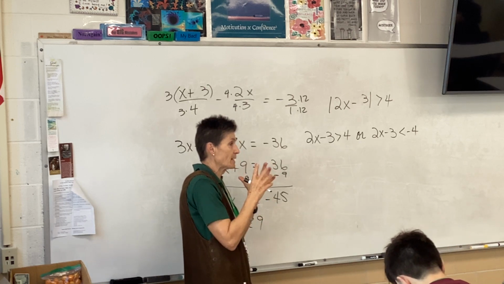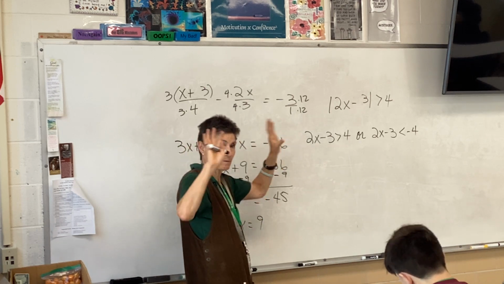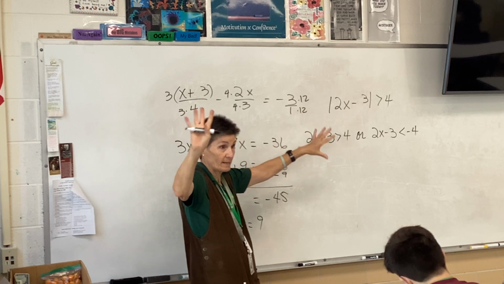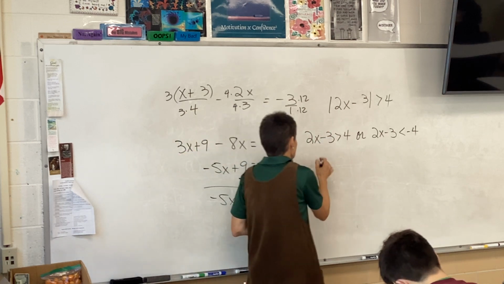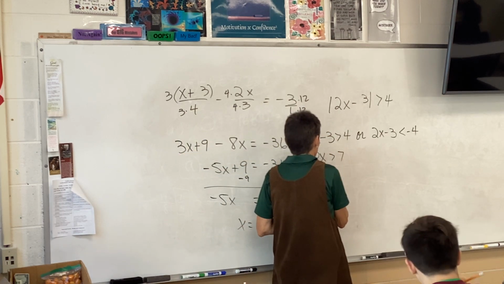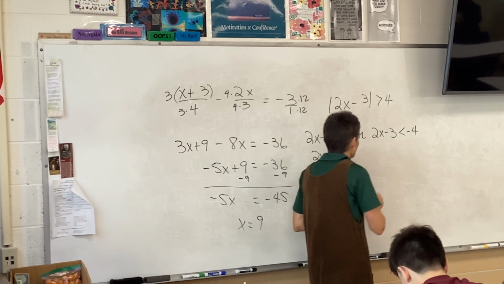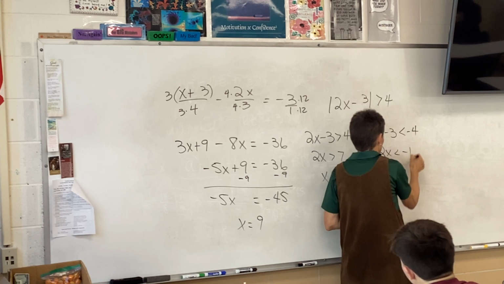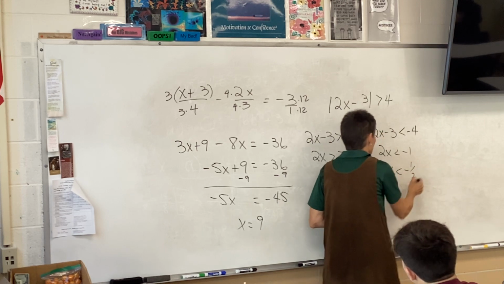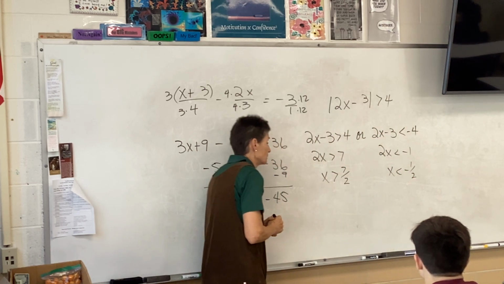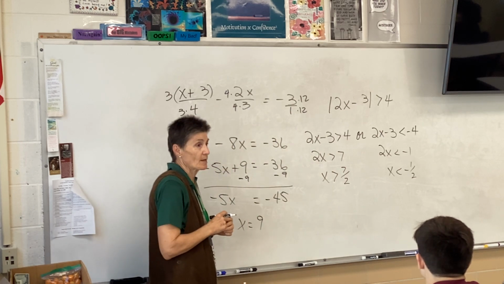And that tells me when I solve, I'm probably going to be solving out here or out here, right? Let's see what happens. I got x bigger than 7/2 on that one, and x less than -1/2 on that one. So I just solve each one, just like regular solving.